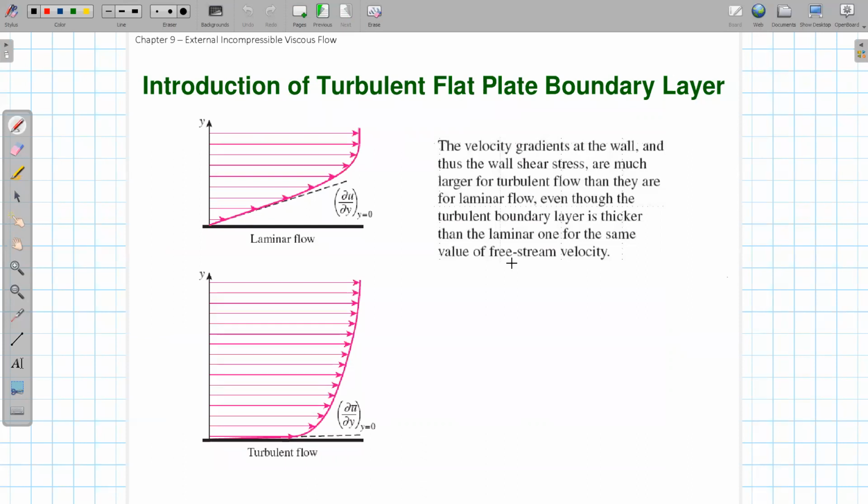All the equations we derived before for the Blasius exact solution will not be valid anymore. In other words, the velocity profile in the turbulent boundary layer will look different from the velocity profile in the laminar boundary layer. The boundary layer thickness of the turbulent boundary layer will also be different from the laminar one, as well as the wall friction.